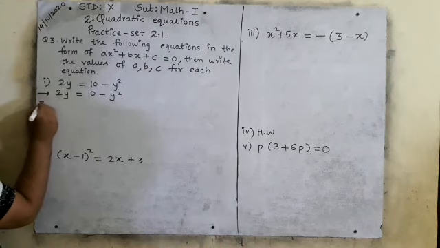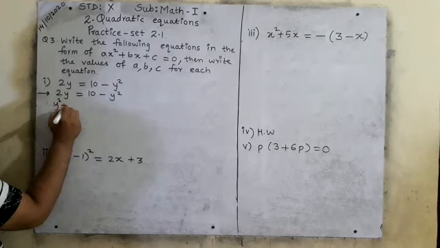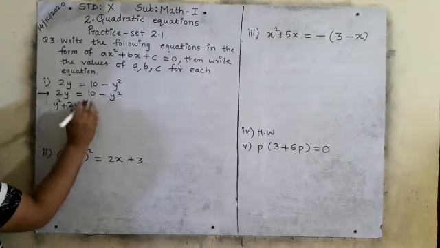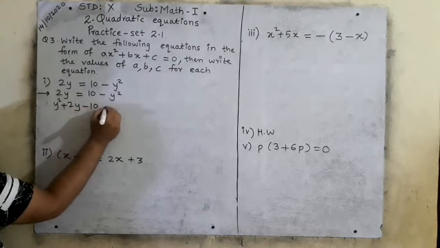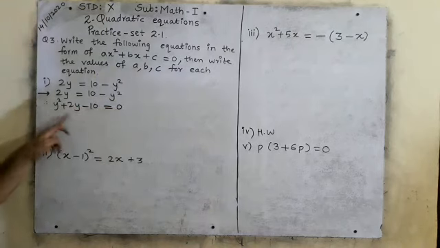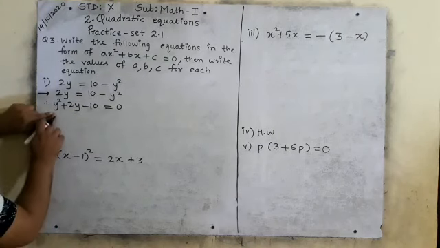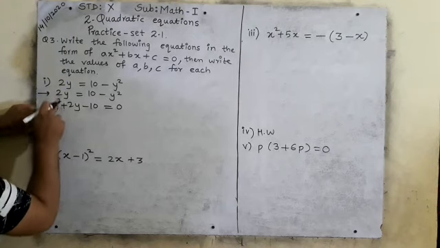Therefore this y square will come over here, so it is plus y square, plus 2y, and this 10 will come also here, minus 10 is equals to 0. So this is in a standard form. Can you see it is in standard form? Y is the only variable used and its maximum index is 2.